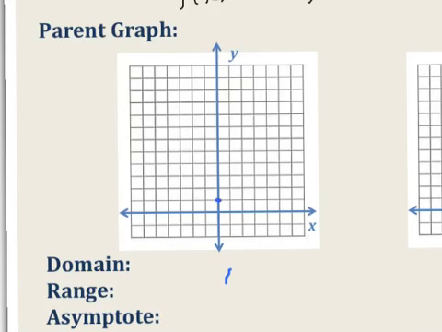Now, when we graph the parent graph for exponential growth, we begin right above the x-axis in the second quadrant, go through that y-intercept, and swoop up. It's kind of a steep increase depending on the value of b, which is the growth factor, and also depending on the value of your coefficient a.